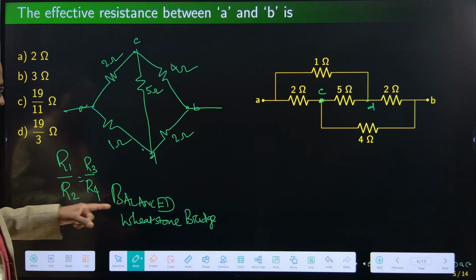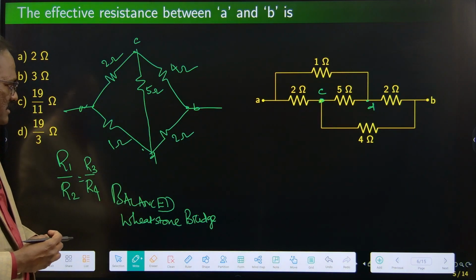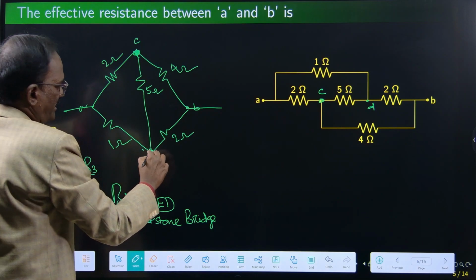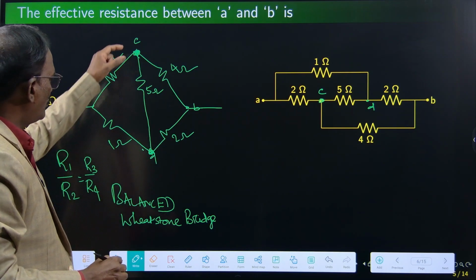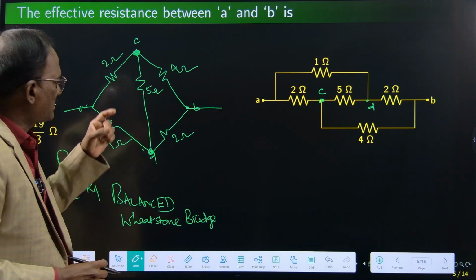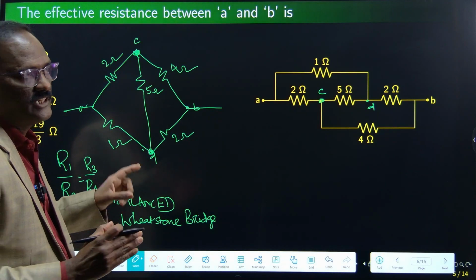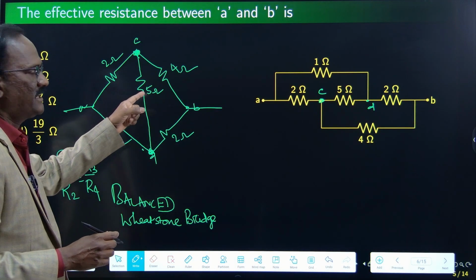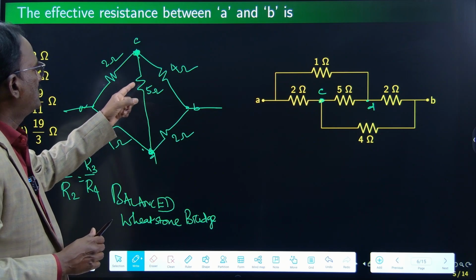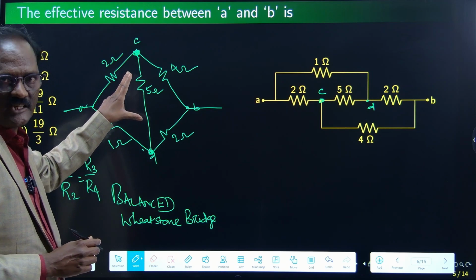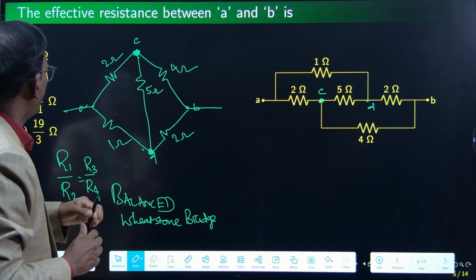In that condition, the potential at the two points is the same and no current flows through the center branch, so you can remove that particular resistance. No matter how much value is connected between C and D, it won't carry any current, so technically it is absent and you can remove it from the picture, right?